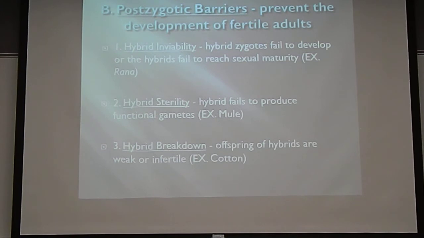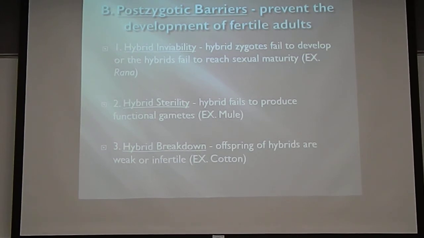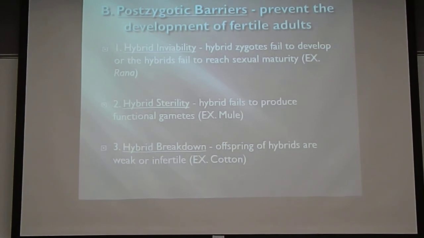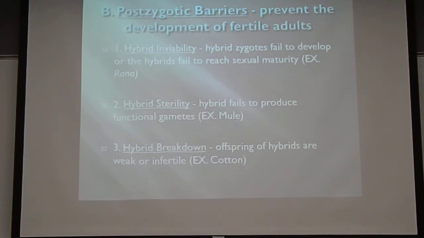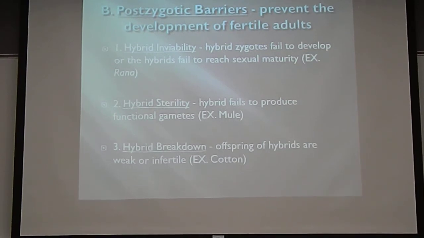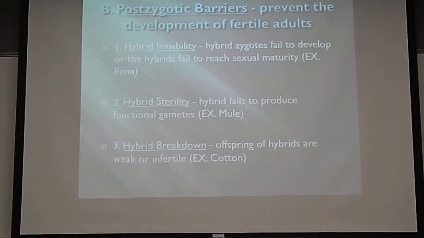Hybrid breakdown is where the hybrids actually make offspring, but those offspring, most of the time, fail to develop, all right? This is called hybrid breakdown, and there are apparently two different species of cotton that, if hybridized, produce hybrids that can produce offspring.